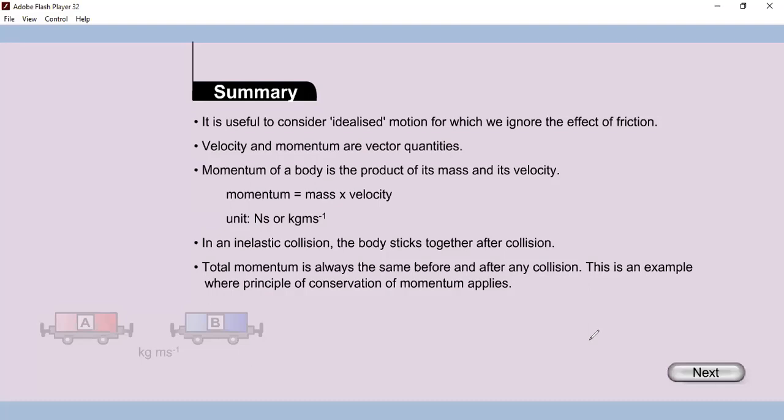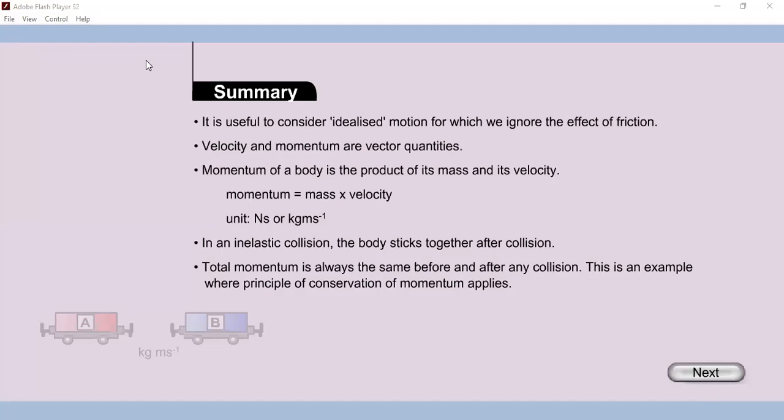Just focus on trolley A and trolley B only. Next, velocity and momentum are vector quantities. The momentum of a body is the product of mass and velocity. p equals mv. The SI unit is kg m s^-1, and the special unit is newton second.